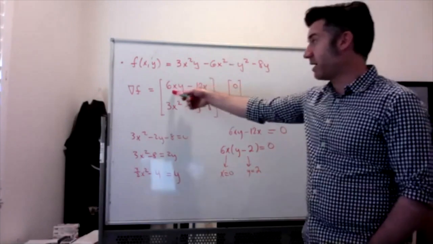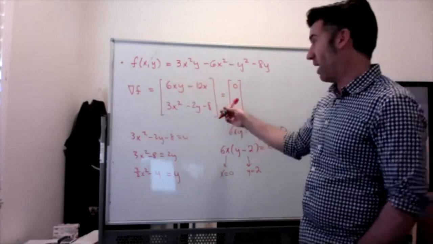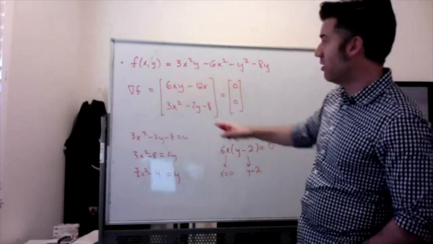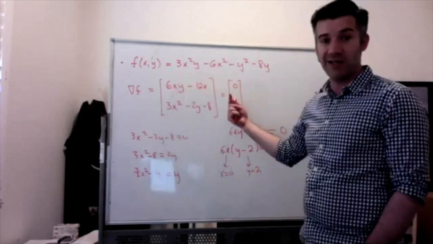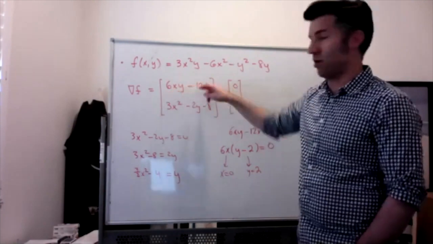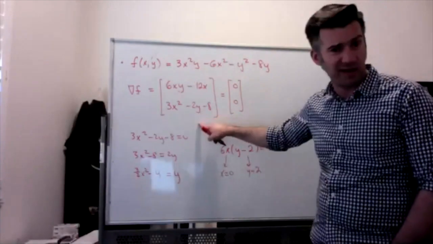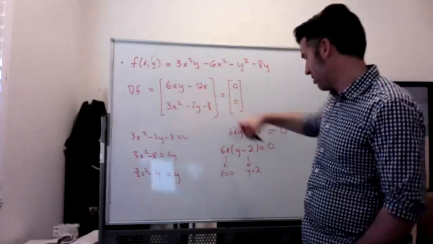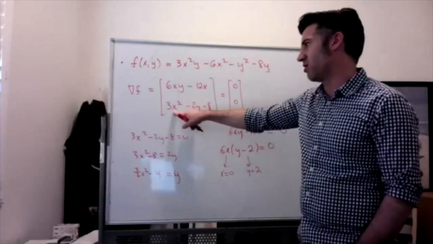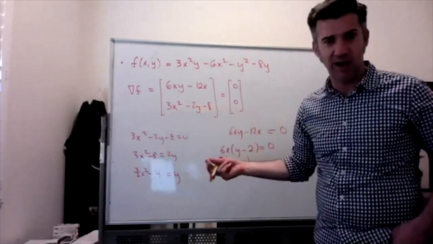If you set x equal to 0, this will be 0, because you get 0 minus 0. If y is 2, you get 12x minus 12x. So either one of those makes this 0. But either one of those doesn't actually make the other equation 0. If you set x equal to 0 here and y equal to 2, you get 0 minus 4 minus 8, which is negative.